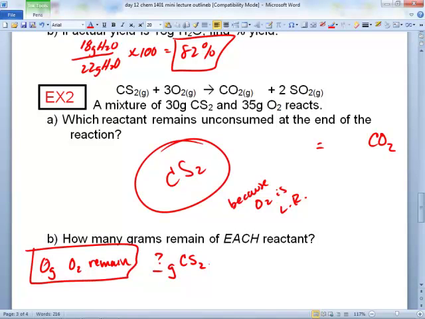And to figure out these questions, always use the limiting reagent. Always use the limiting reagent to figure out these questions. So, limiting reagent we said was oxygen. So here it is right here. Use it to answer all these weird questions. Convert it to what?